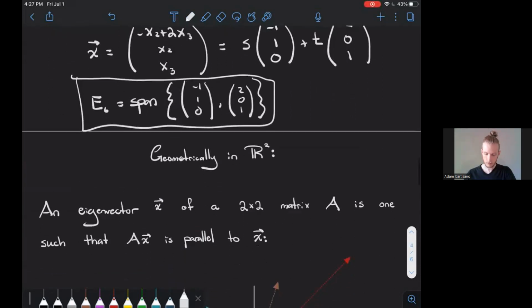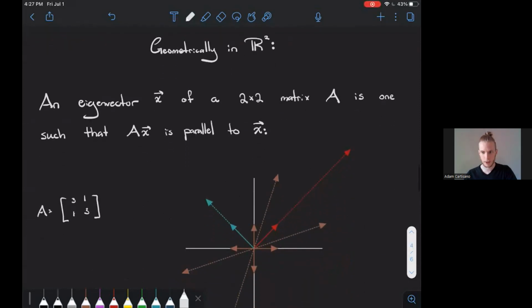Cool. Okay, I want to do some geometry for a moment, because linear transformations and matrix multiplication are geometric, and it's easiest to see the geometry happening in R2. So what is an eigenvector geometrically in R2?